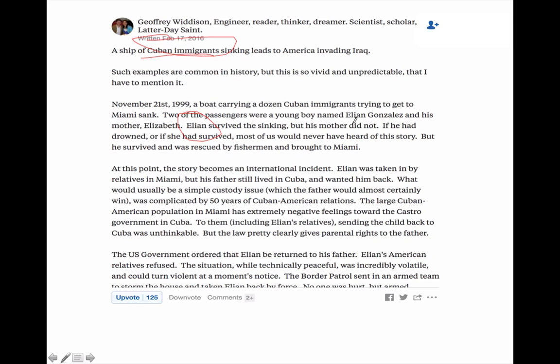But this made the then President Bill Clinton very unpopular in Florida, and as a result, Al Gore, who was the vice president in his days, lost the elections, and as a result, Bill Clinton also lost the elections, and there was George Bush. And when George Bush came, then there was Iraq war. So if this boat, for example, had not sunk, then Iraq war would not have happened because George Bush would not have come to power. So this is a kind of a butterfly effect.